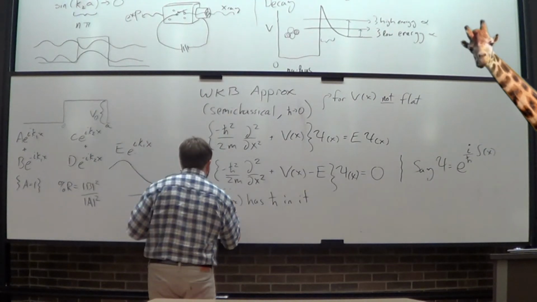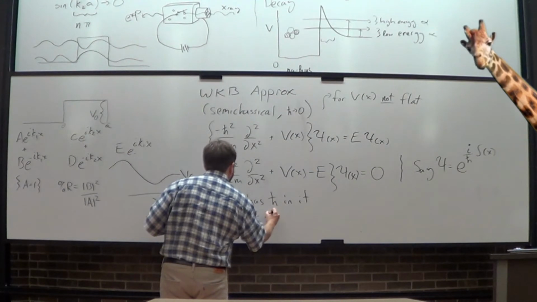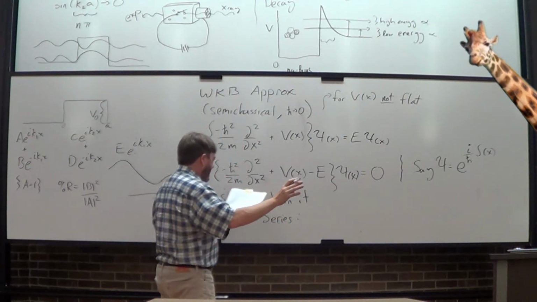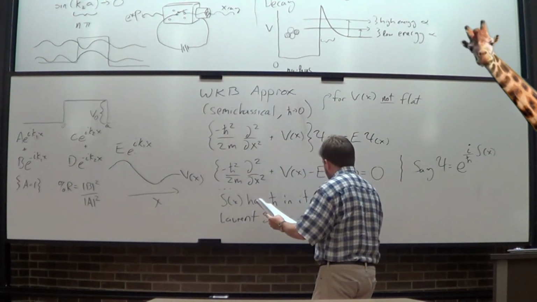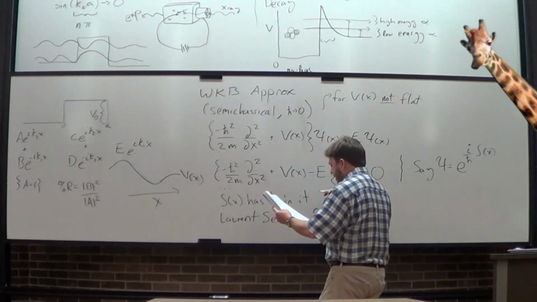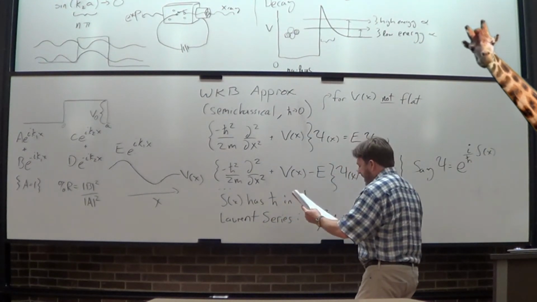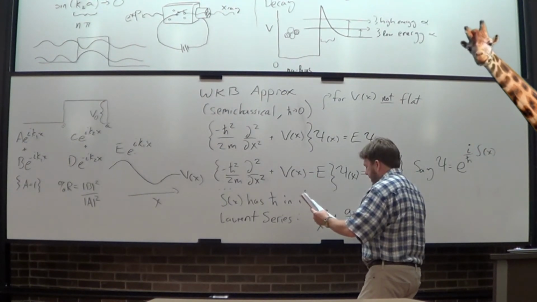This is called the Laurent series, which is one of the most important mathematical entities that exists. I hope to cover Laurent series one day. The way it looks is you have a function, and you're going to expand it in powers of x. So it sounds like a Taylor series.